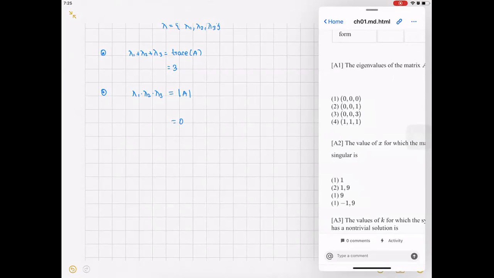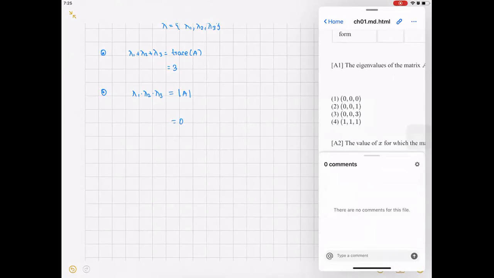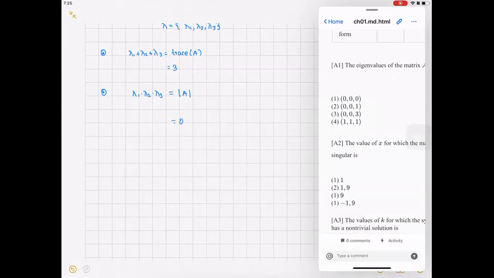Here, if we assume 0, 0, 0, and sum these, we are not getting 3. So choice 1 is not the answer, and choice 2, summing, we are not getting 3, so choice 2 is also not the answer.